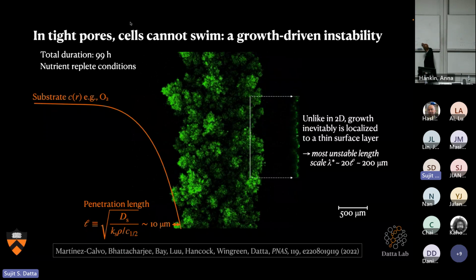It should be smooth at zero wave number, yes, exactly. Positive means it's destabilizing, unstable, and negative means it's stable. This gives the most unstable length scale, which emerges from the competition between the destabilizing mechanism of fingers growing outward in response to nutrient availability, and the stabilizing mechanism of being able to fill in the valleys.